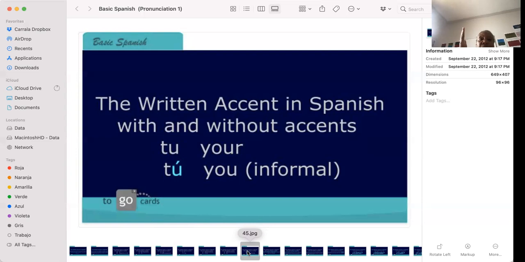But if you have tú with the accent, it means you. Yo, tú, él, ella, usted, ustedes, ellos, ellas, ustedes. Okay, it's a personal subject, personal pronoun. So it's distinguished because it has the accent.